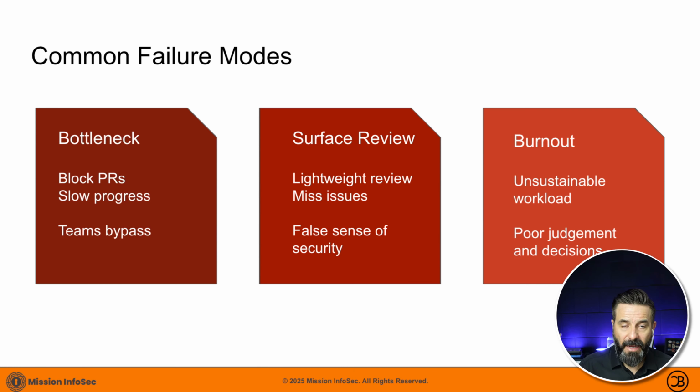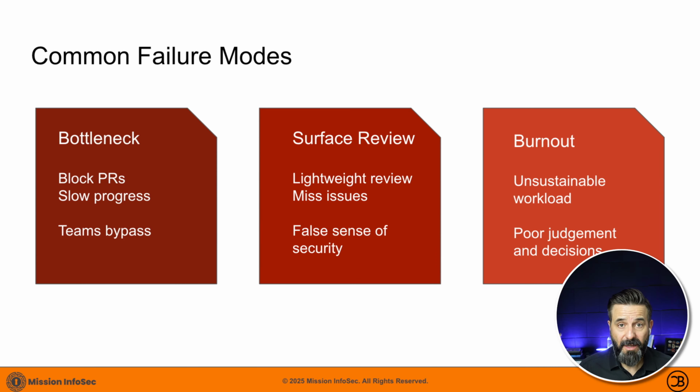One is the bottleneck, where you're blocking pull requests, you're blocking progress, you're standing in the way of development teams getting their work into production. And oftentimes, if you're not able to keep up, teams bypass you. The second one is the surface review. You get to the point where you realize, okay, I can't keep up with everything, therefore I need to focus my efforts on the most important things, and I'm going to do a lightweight review of everything else.